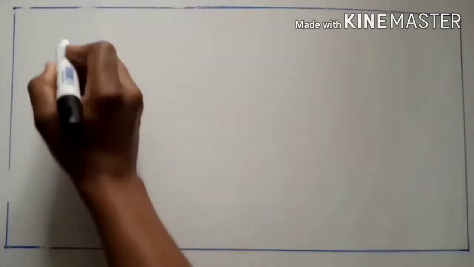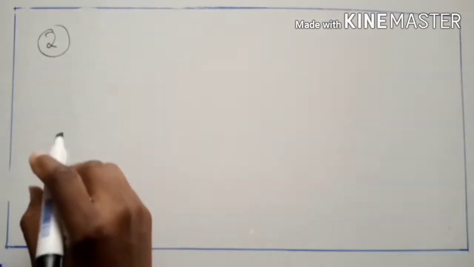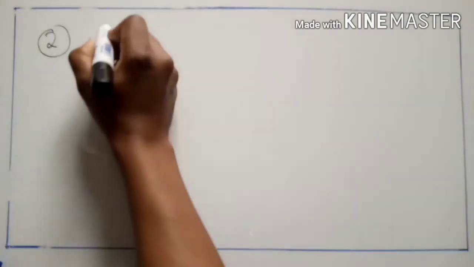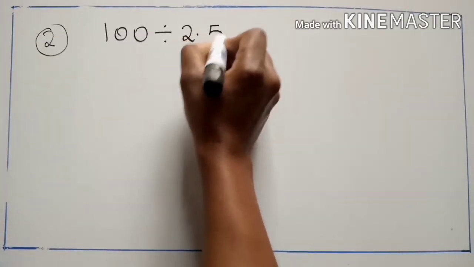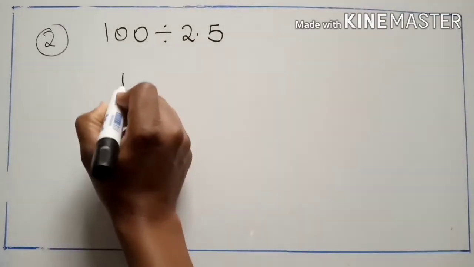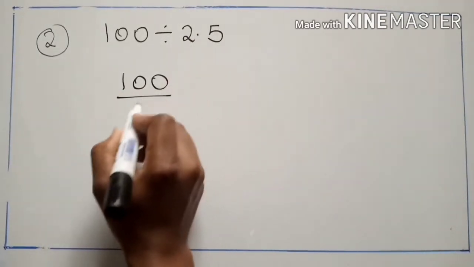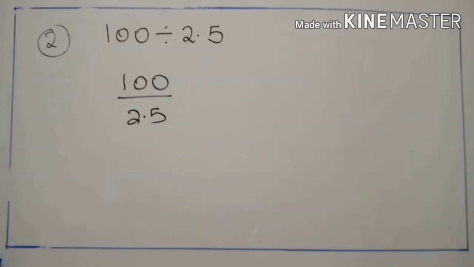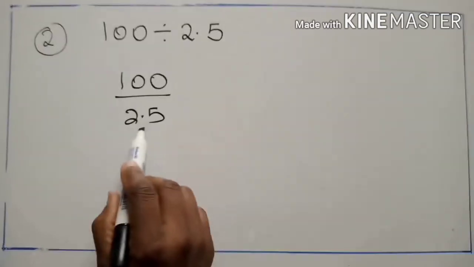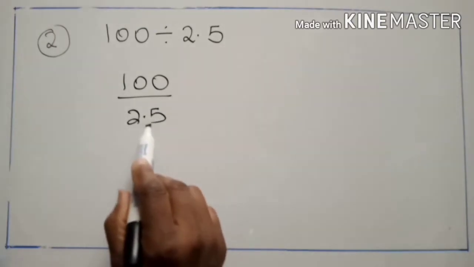So our next example, we are going to have 100 divided by 2.5. A better arrangement would be to write it in form of a fraction. Now we are going to look at our divisor. It should be changed into a whole number.